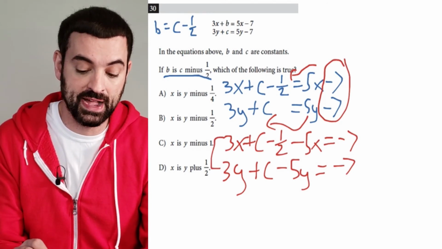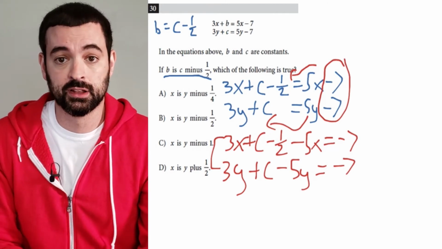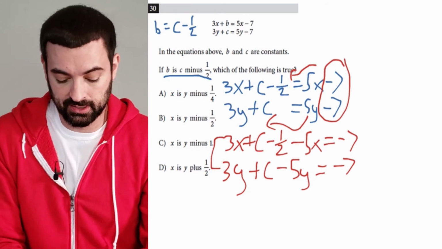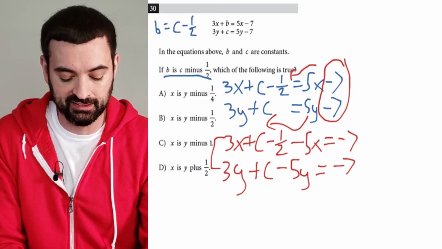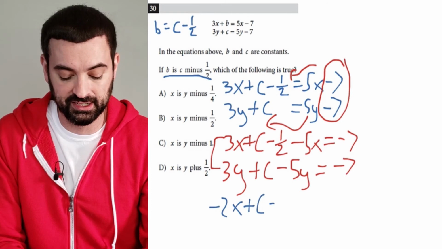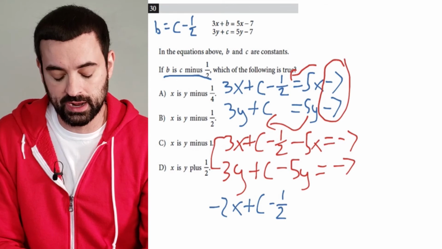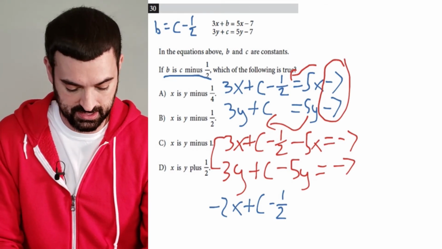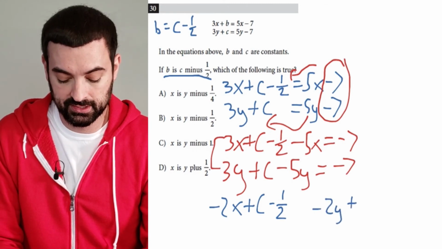I'm going to simplify them and then try to put my resulting simplified version in terms of x. So 3x plus c minus 1/2 minus 5x, that's the same as -2x plus c minus 1/2. 3y plus c minus 5y, that's the same as -2y plus c.